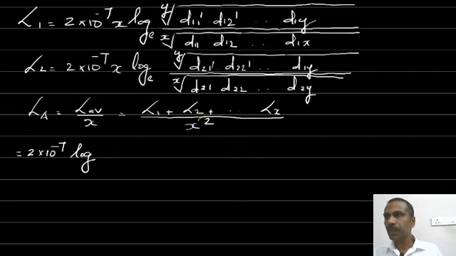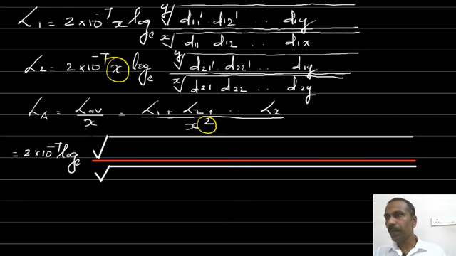This 1 by X will be cancelled with this X. So we get x in the denominator. We already have a y in this root and x in this root. So this x also comes here, so it becomes xy and this term becomes x square.